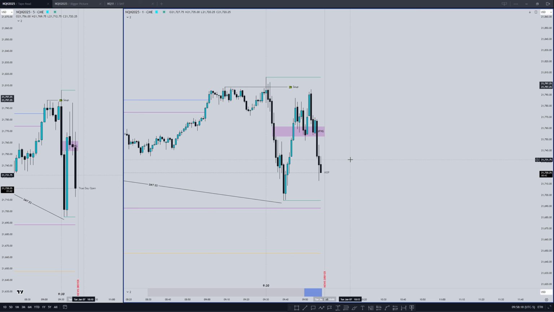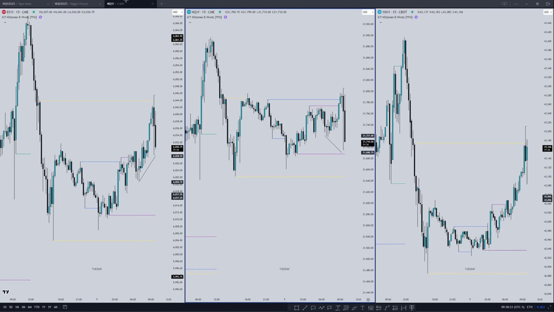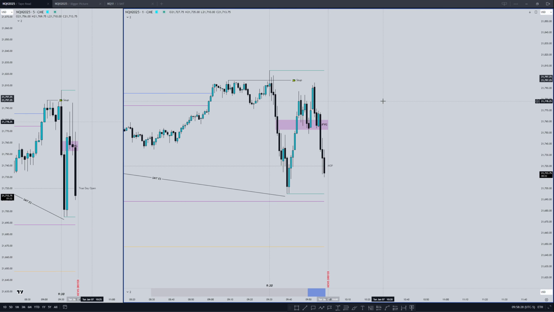Now I'm curious to see what this news does. Now I could say, okay, my bias is bearish, but we have no SMT at the highs. No clear indication as to why we wanted to move lower on the higher time frame chart.